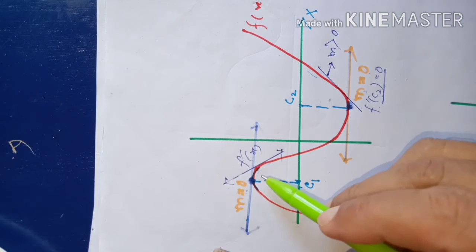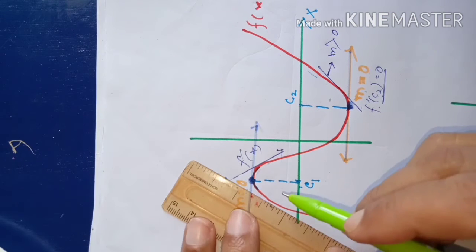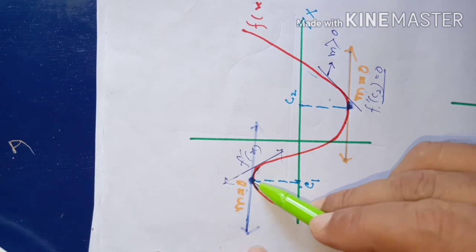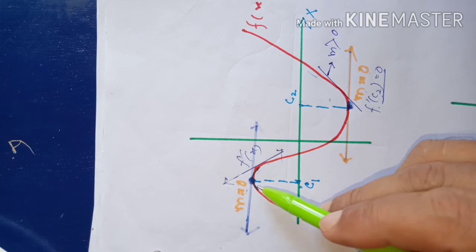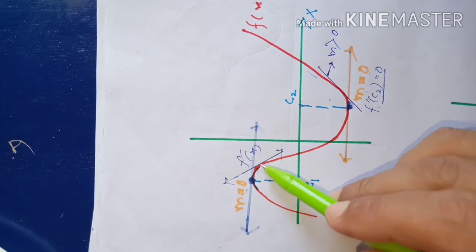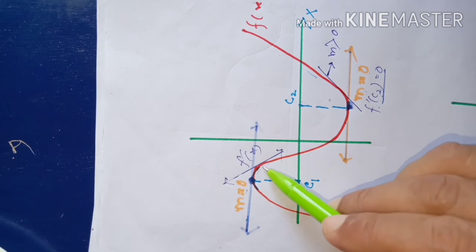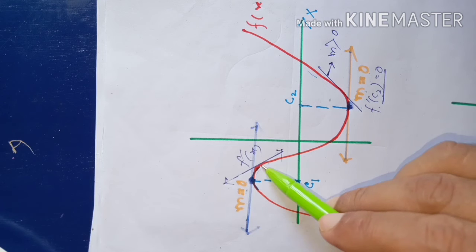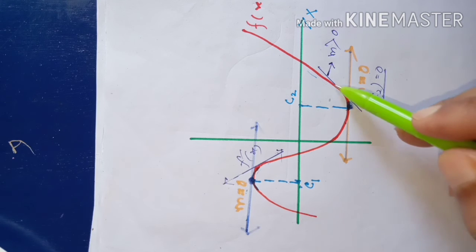So dear students, did you notice, after the critical point, let us say the turning point, after the turning point the slope of the graph will be either decreasing or increasing.